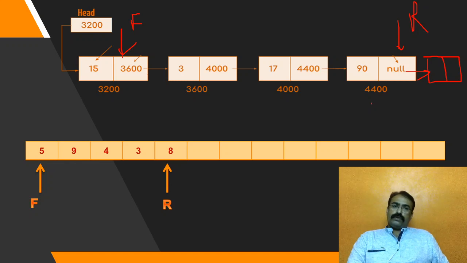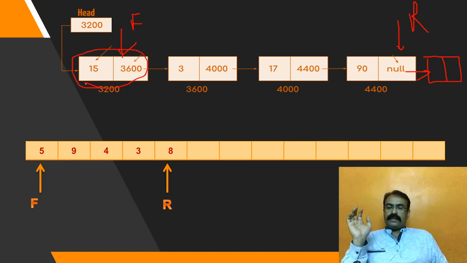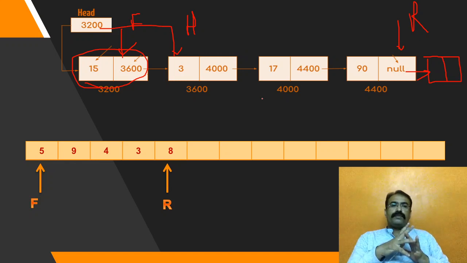Okay, and if I want to delete an element, perform a dequeue operation, we can simply delete this element and just make head point to here. So in this case, deleting from the beginning becomes the dequeue operation, and add at end becomes the enqueue operation. Both logics are correct. You can implement in either way.